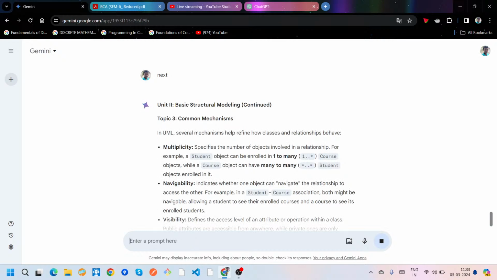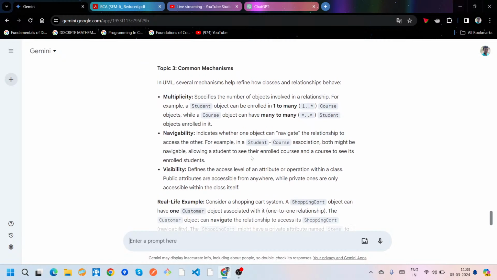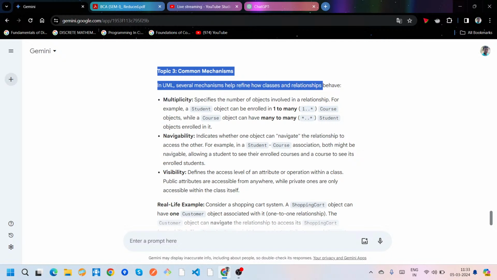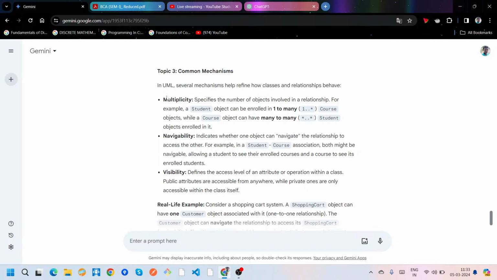So the next topic is common mechanisms. In UML, several mechanisms help refine how classes and relationships behave. First of all, multiplicity.